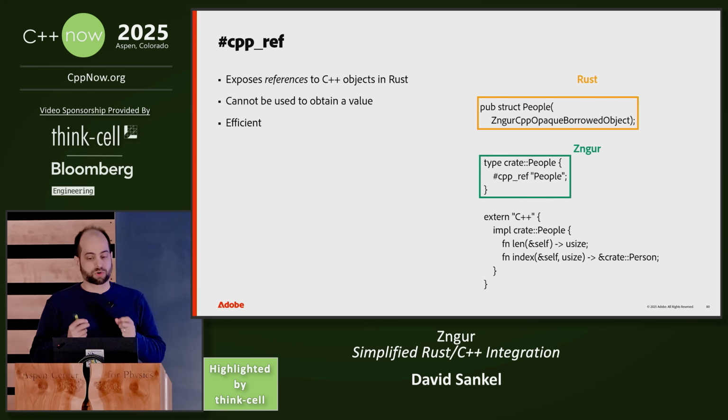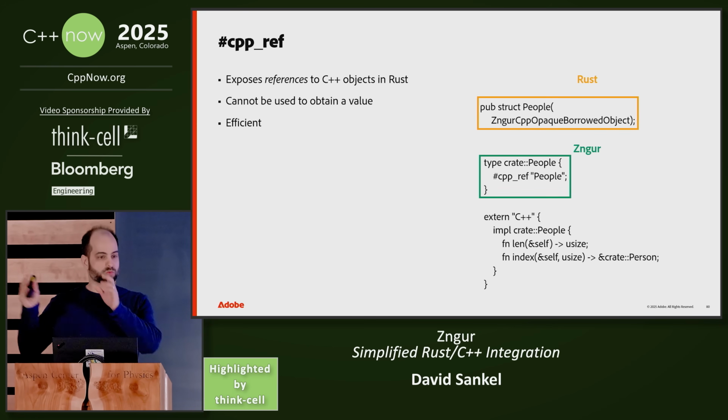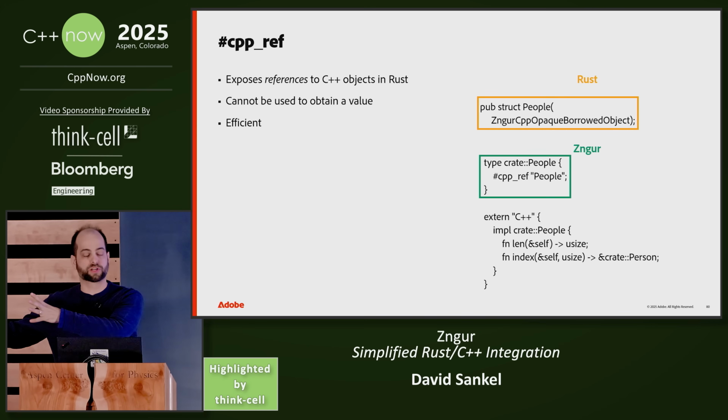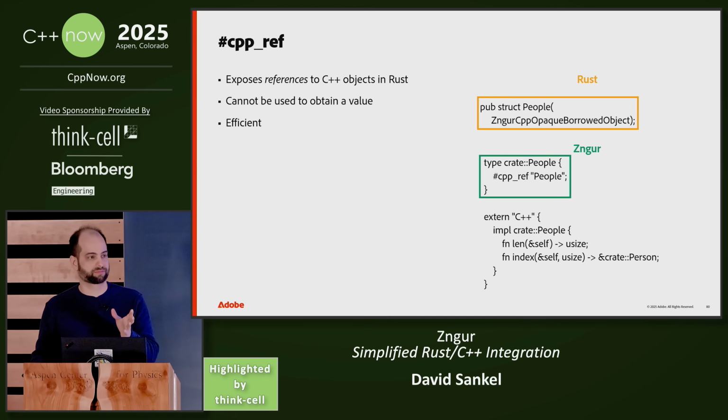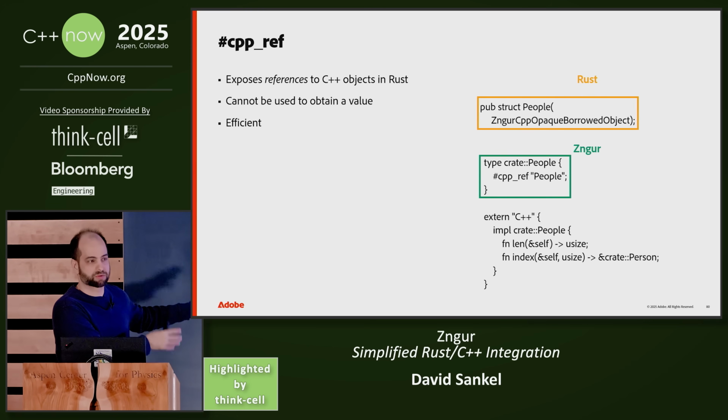Now, because we're exposing it as a C++ reference, in Rust, you'll never be able to actually create that Rust people object. The only time you'll ever see it in Rust is a reference to it. And it's a reference to something which lives in C++ somewhere. It's on the C++ stack, or it's in the C++ heap, something.